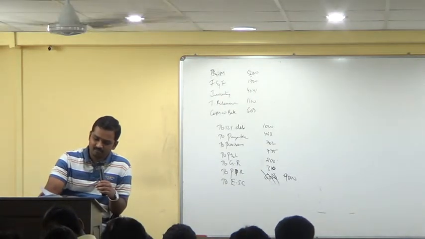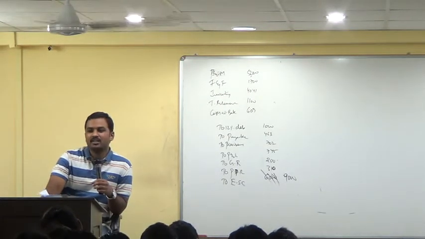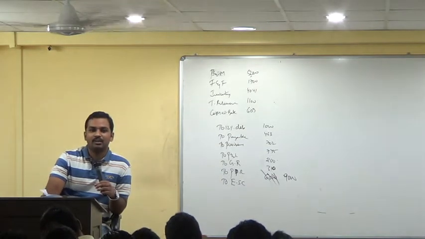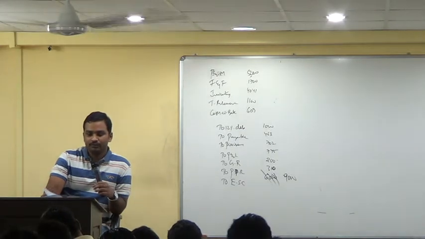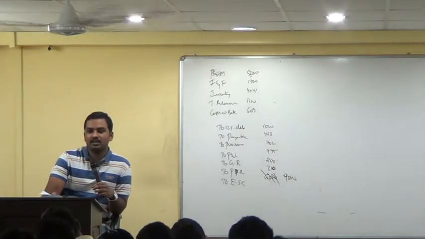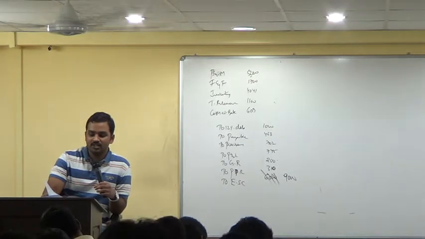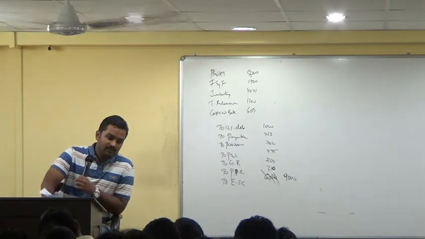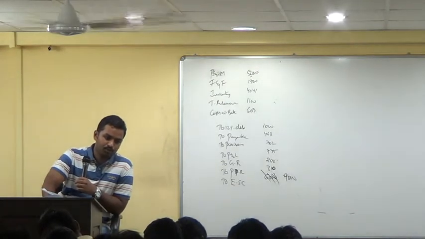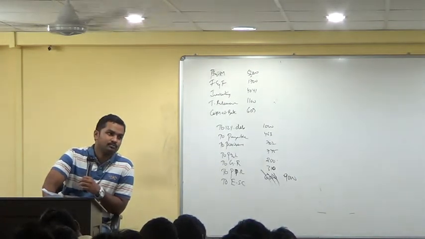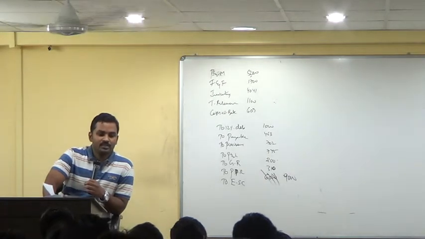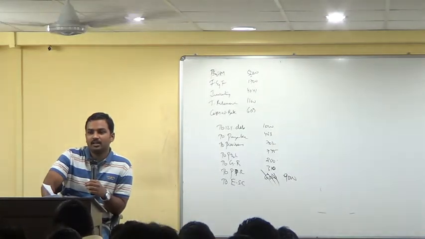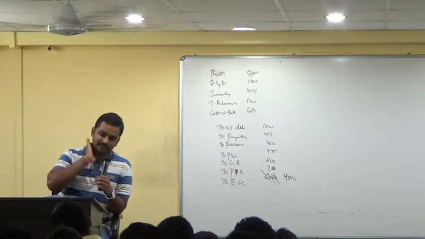You write the entry like this. 15% debentures in P Limited account debit, to 15% debentures in G Limited account 1,75,000.